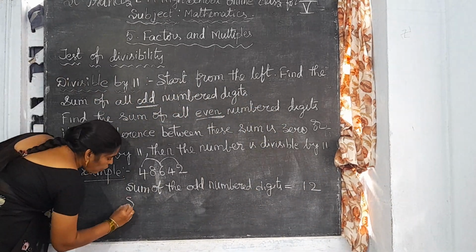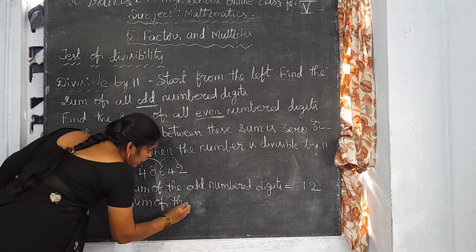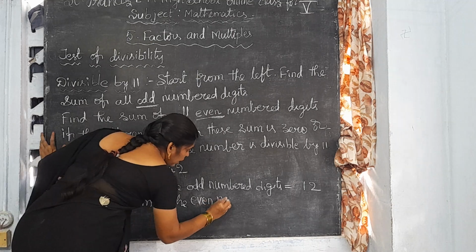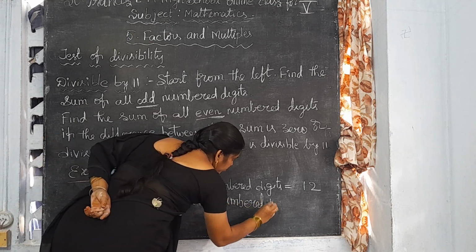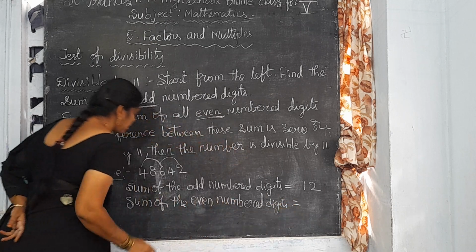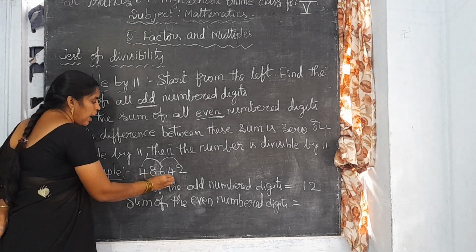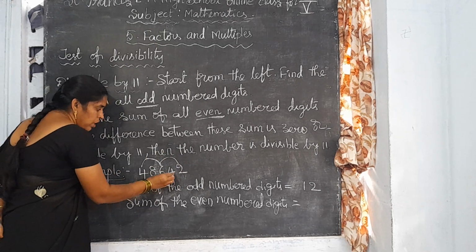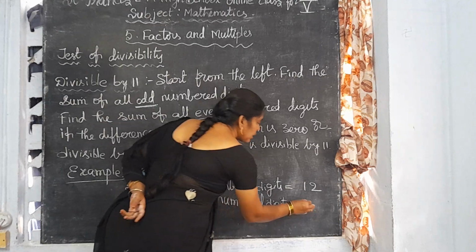Now, the sum of the even place digits. Start from the left again: this is the second place, then the fourth. The sixth is not there. So these two: 8 plus 4 is 12.